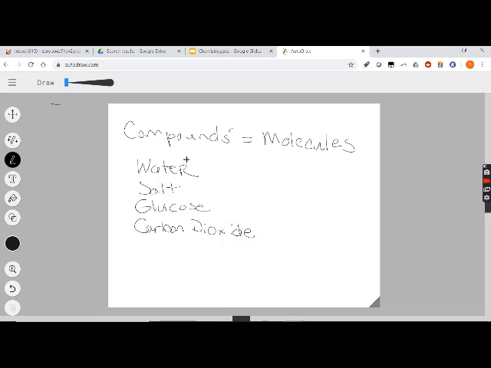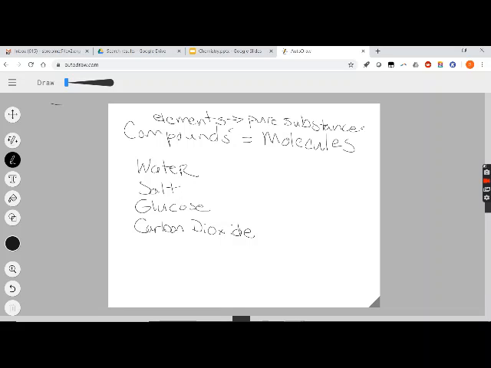Now, all of these are compounds. They're all molecules. They are made of elements. That's right. I know some of you out there probably said that. Which means that they are pure substances.